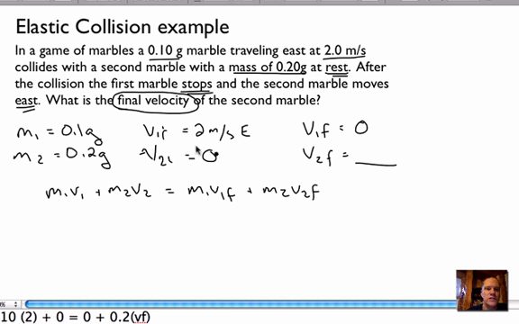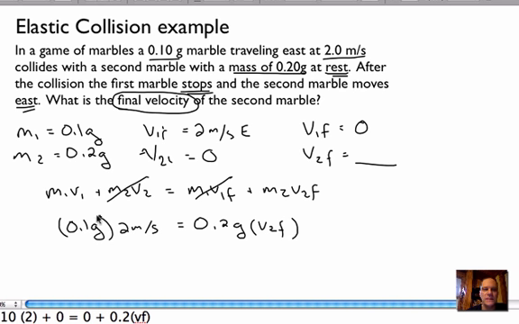Since the initial speed of this one was 0, we can cross that off. And since the final velocity of 1 is also 0, that can get crossed off. So 0.1 grams times v1 of 2 meters per second must equal m2, which is 0.2 grams times v2 final. Now, because my units are both in grams, I don't have to convert those.